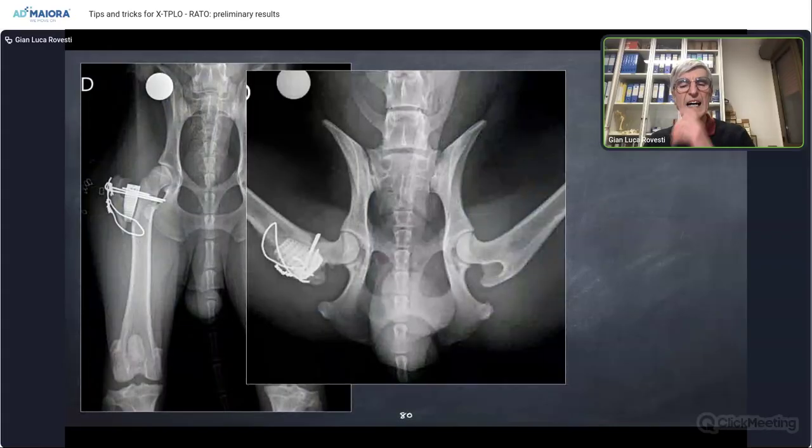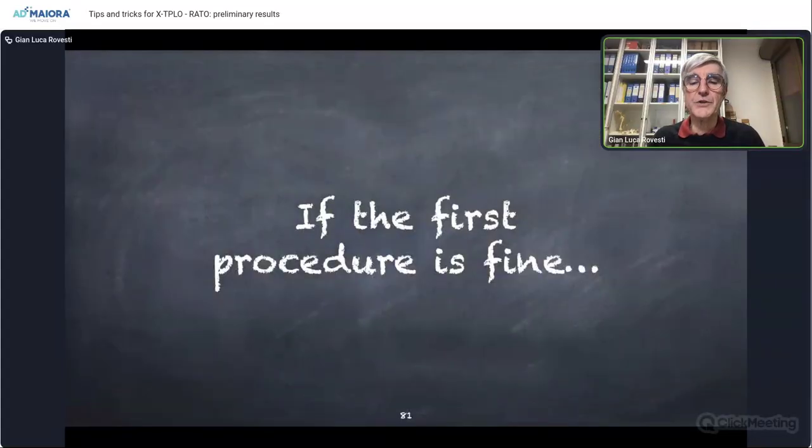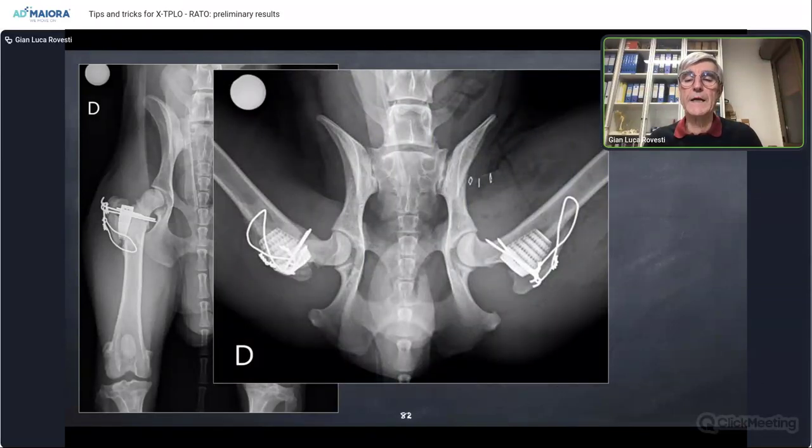I will check that the first one is still very good and still well inserted, and if the second hip is still in good condition, I will perform also the second one, same session, okay, like this.